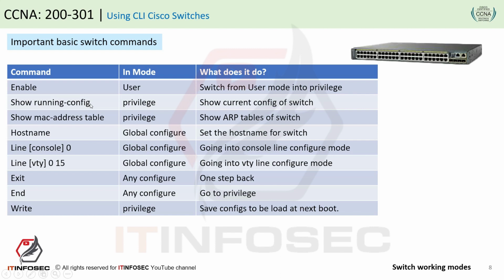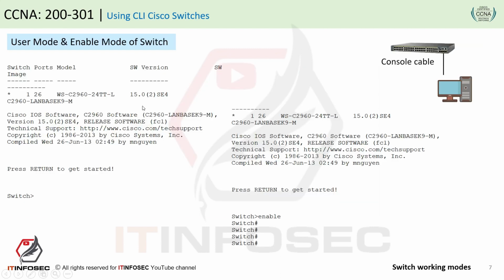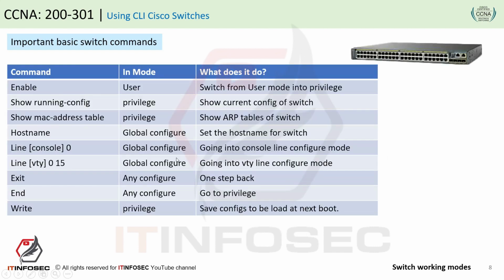Show running config. This command is entered in privilege mode. After enable, we can use the show running config command. It will show us the current configuration of the switch. We will see, okay, after some minutes.